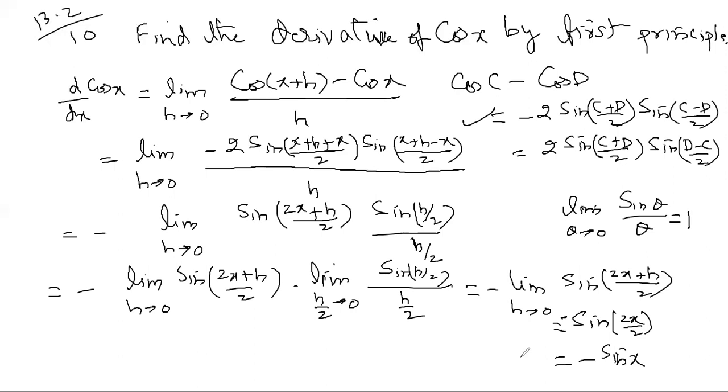So you have to remember that d by dx of cos x is equal to minus sin x. And sin x we have already seen; yesterday we saw d by dx of sin x is equal to cos x.